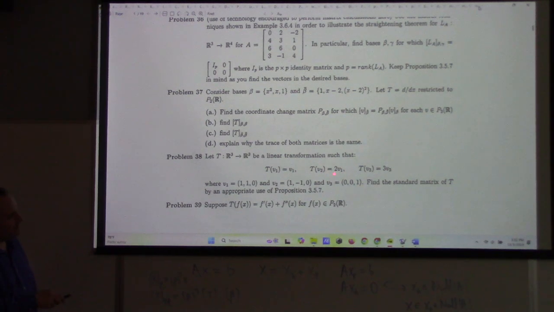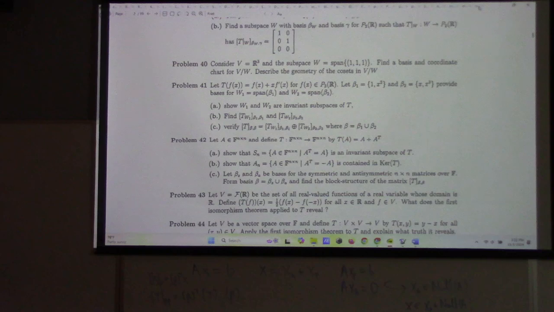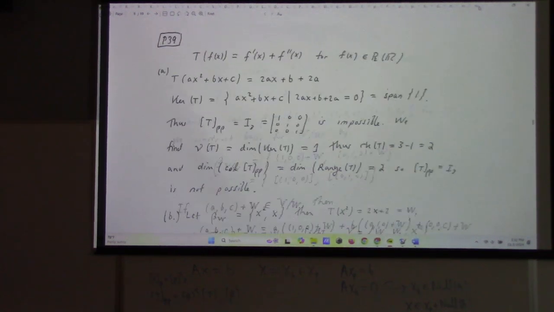This is a typo, and that's an eigenvector. This was obviously supposed to be V2 here. Anyway, sorry. So you wanted to know about problem 42? No, past that. 43? I think it might have started with problem 45. All right, let's look at 45.